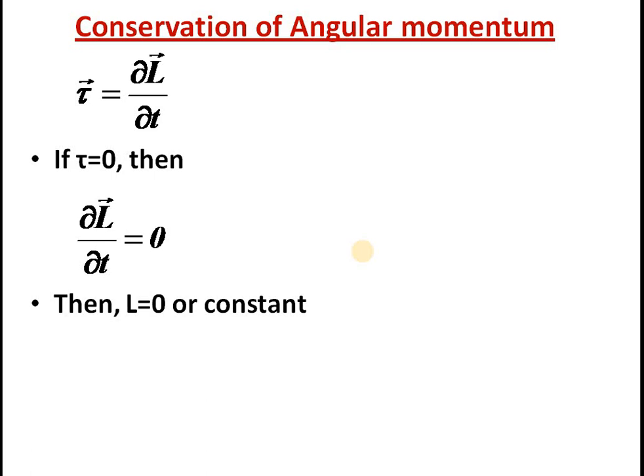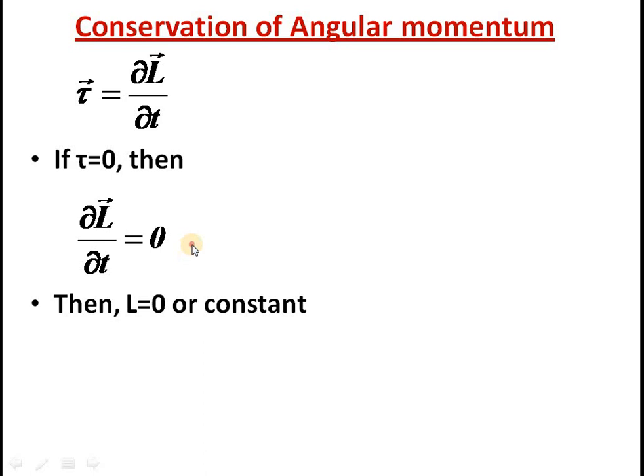L equal to 0 is a trivial case. We are discussing only rotating bodies, not a body at absolute rest. We are discussing bodies which are in rotational motion, so there is no question of L being 0. We will only be dealing with L equal to constant.